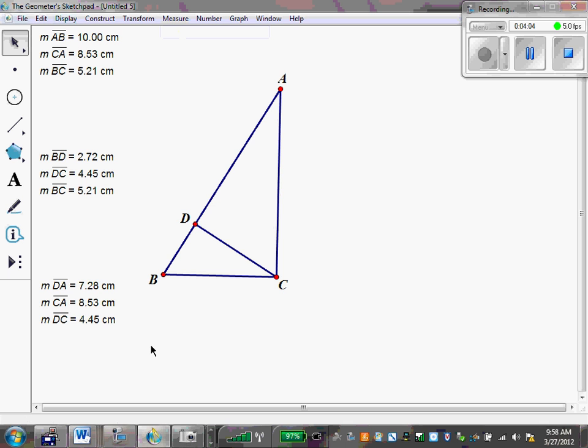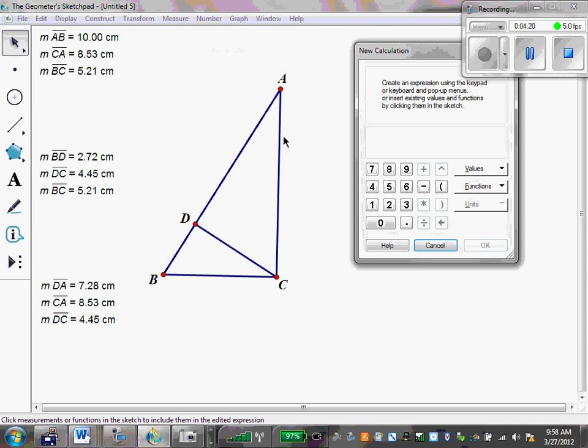Let's look at the ratio between all of the sides. So I am going to look at the hypotenuse of all three triangles and look at the ratio between the three. So I'm going to pull up my calculator, and the hypotenuse of my original big triangle is length AB.